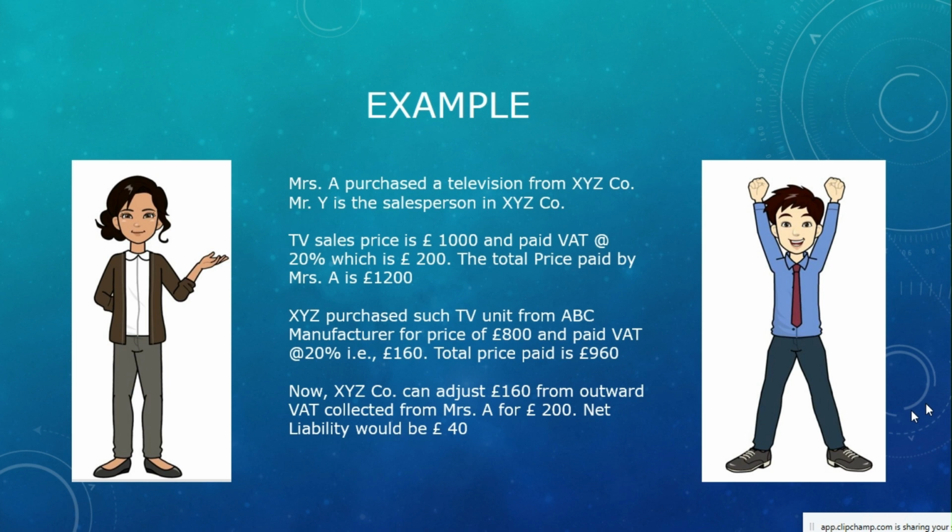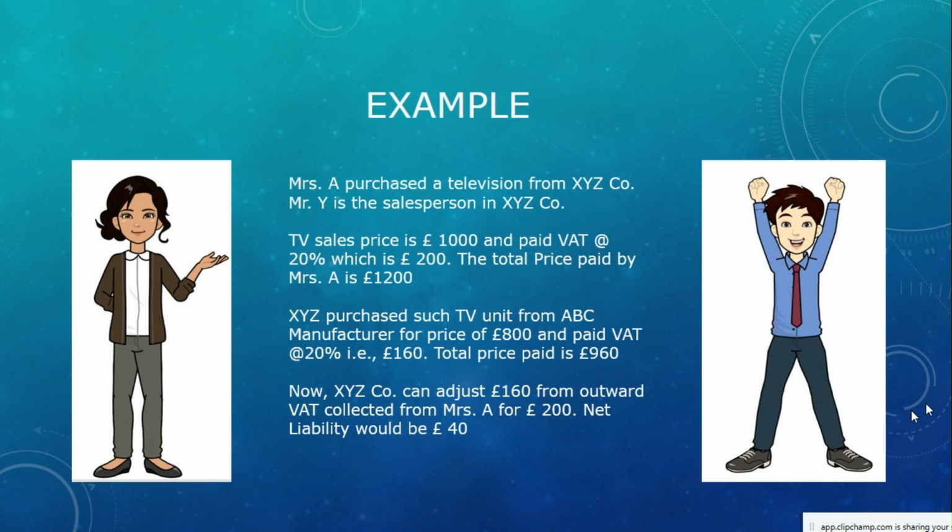So in this example, XYZ company paid VAT of £160 when they purchased goods from the ABC manufacturer, and when they sell this television unit to the ultimate customer, whatever VAT they collect from the customer, they can set off against each other, and the balance amount they are required to pay to the authorities.